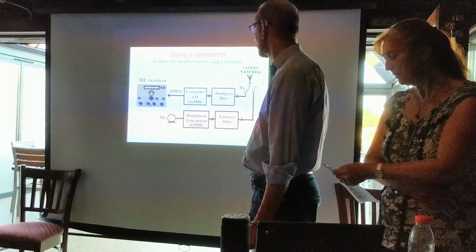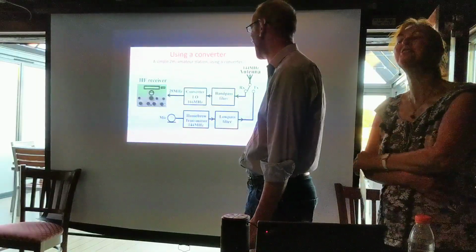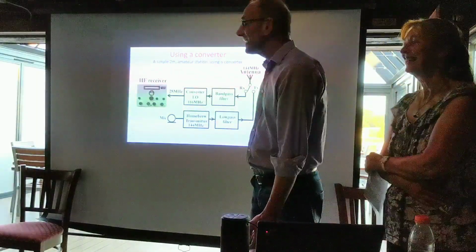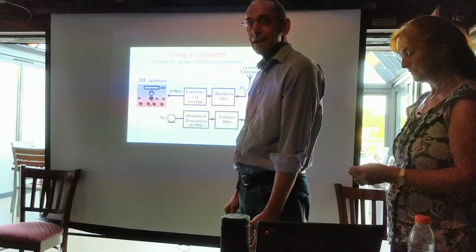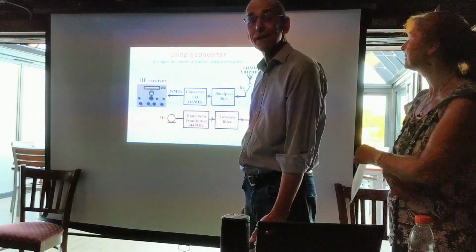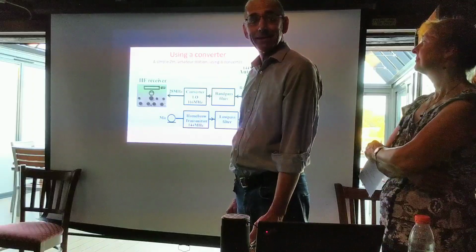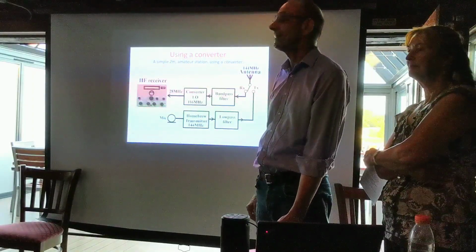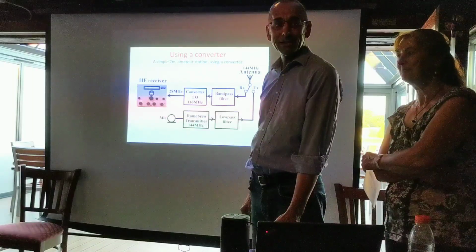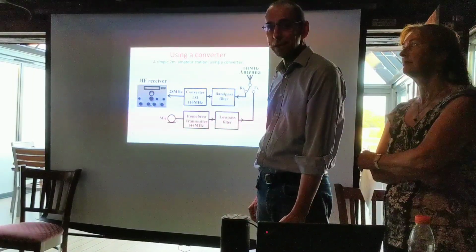Right, so a simple amateur station can be realised using a converter. When I first became a radio ham back in the late 70s, there were two classes of radio ham, A and B. To get the A, you had to do the Morse test, and I wasn't very good at Morse, so I was a B licence holder, and we were only allowed to use frequencies above 100 megahertz.